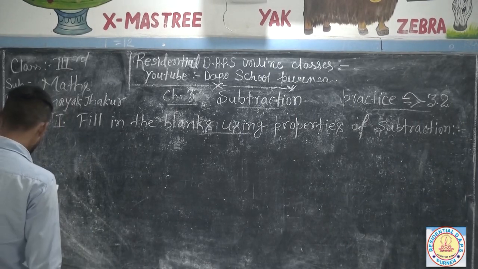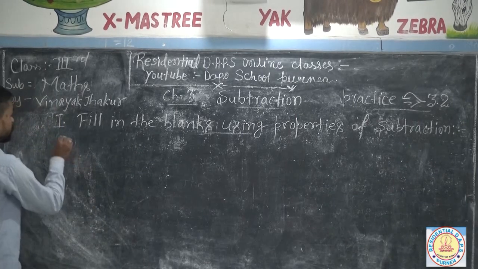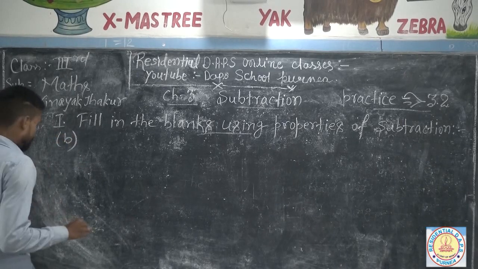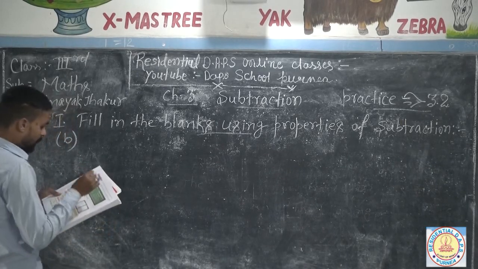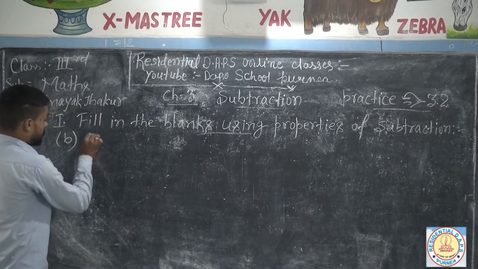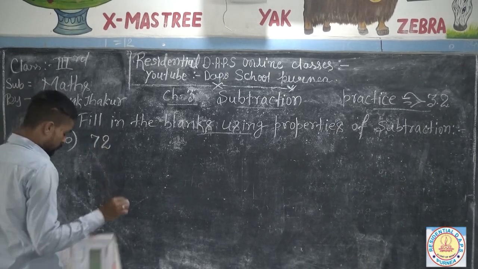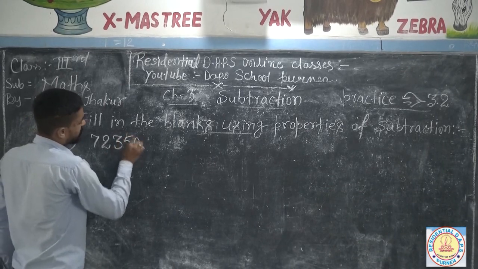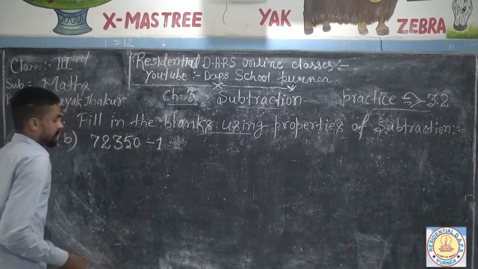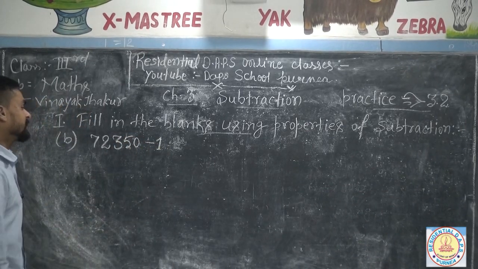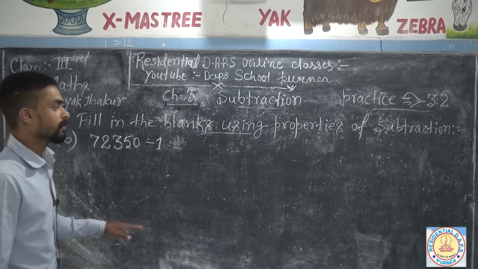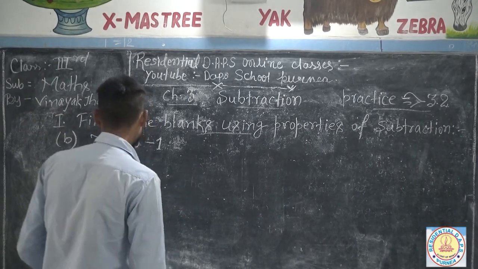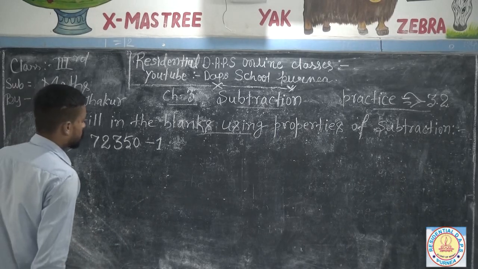So your next number is 72,350. Your question number B. It is very easy to solve. 72,350 minus 1. It looks very easy to solve, but you have to solve it using the property of subtraction.